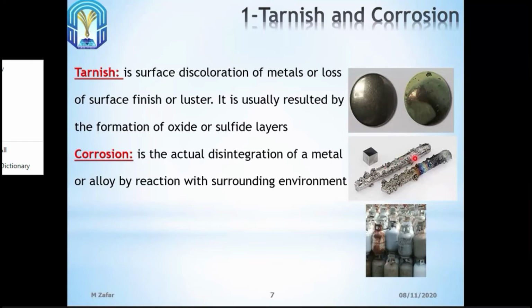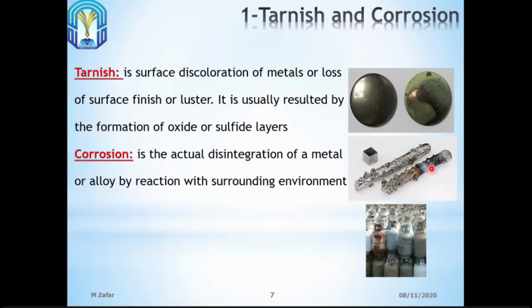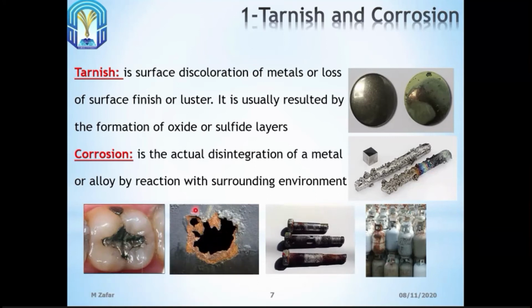Another example, and then tarnish, change of color. However, in corrosion, there is actual disintegration of a metal and alloy. If you see the example of corrosion of amalgam, the margin is broken or corroded. We call it corroded due to the nature of amalgam. Similarly, this normal everyday iron, which has been corroded, and in normal day language, we say rusted. So this is corrosion. Also, we can see corrosion here, which is damage of the metallic material.